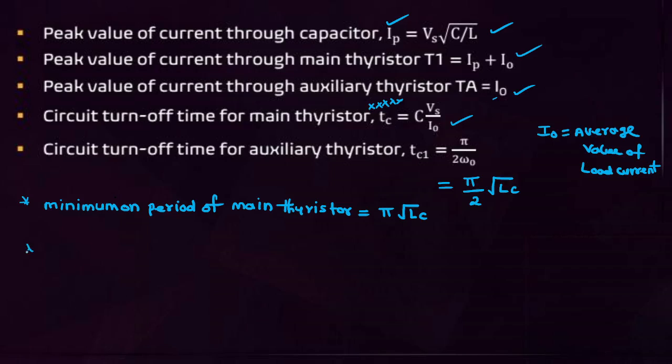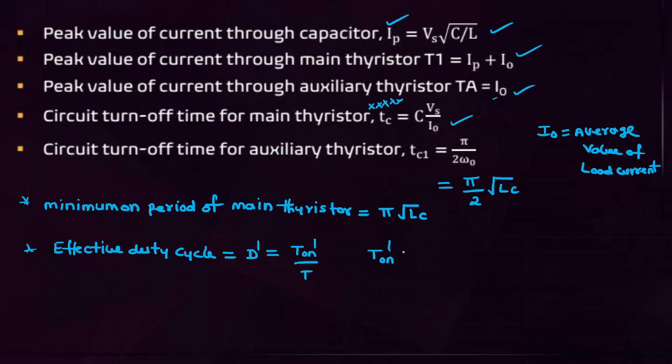And if you want to define the effective duty cycle in this case, this will repeat in the choppers also. The effective duty cycle D dash is equal to T on dash by T. What is the T on dash?